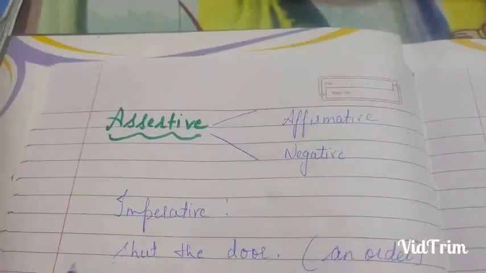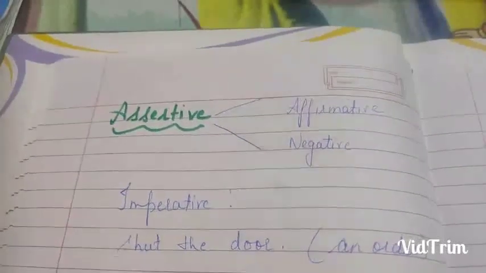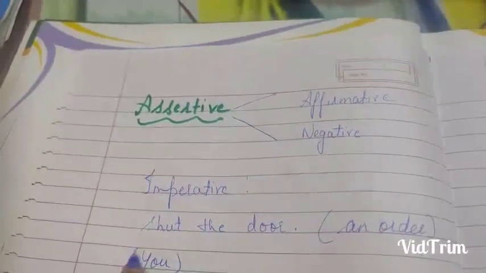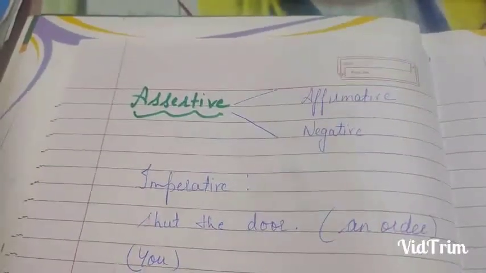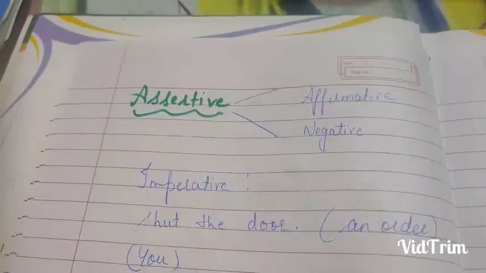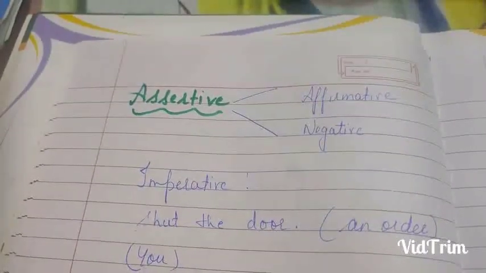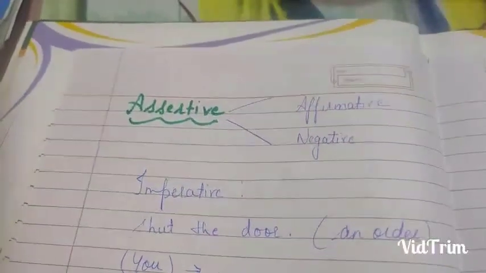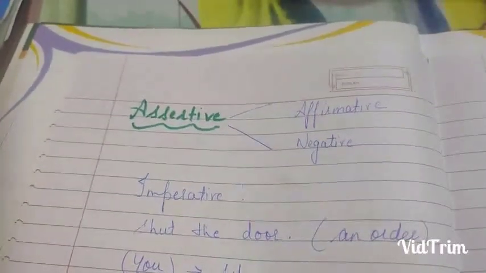We have to assume the subject over here. We have to assume the subject, that is you, meaning the person who is standing just near me. I am giving an order to that person to shut the door. You shut the door. So you is the subject here and we have to assume it.